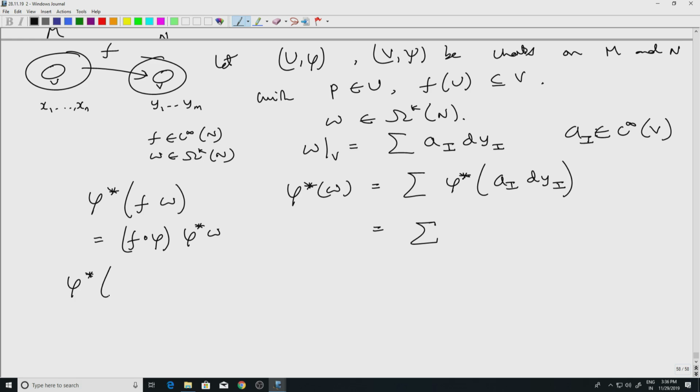Phi star of f omega at a point P is by definition d phi at P, star, of f omega.